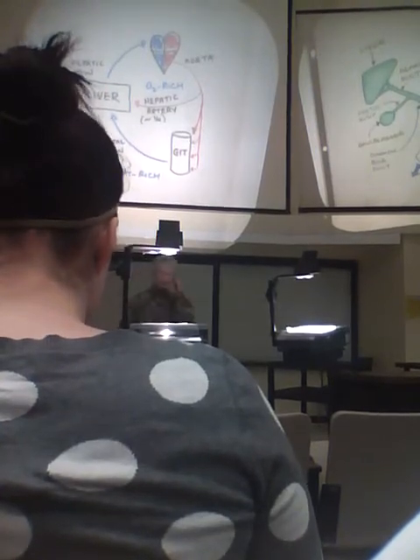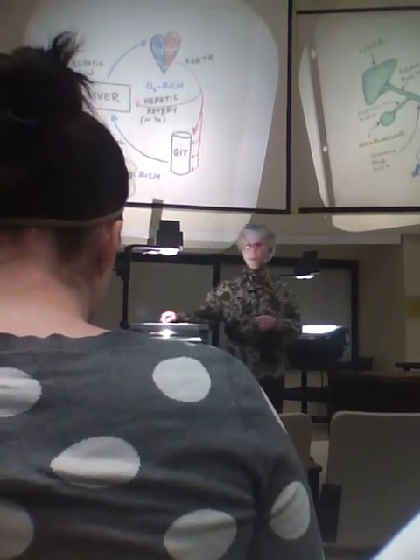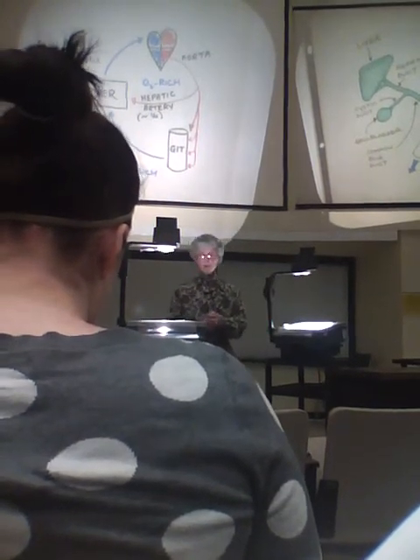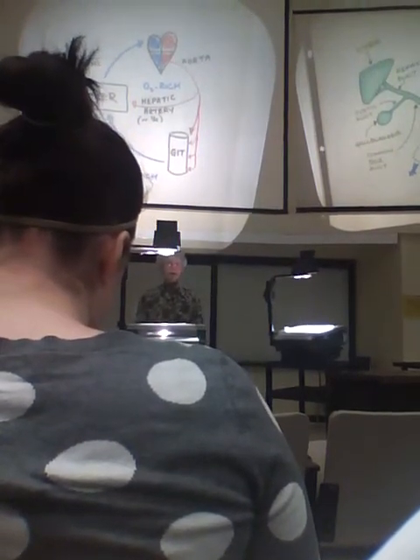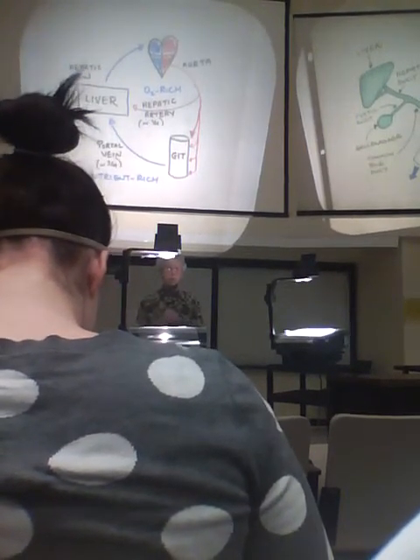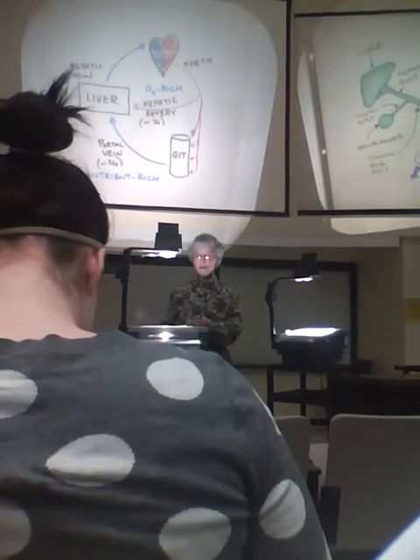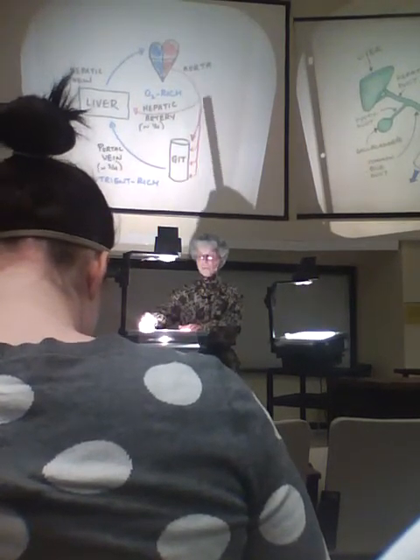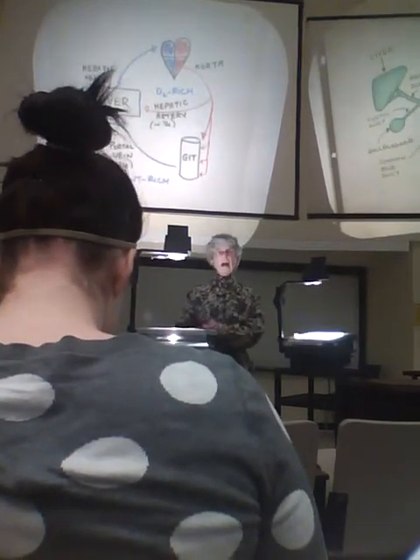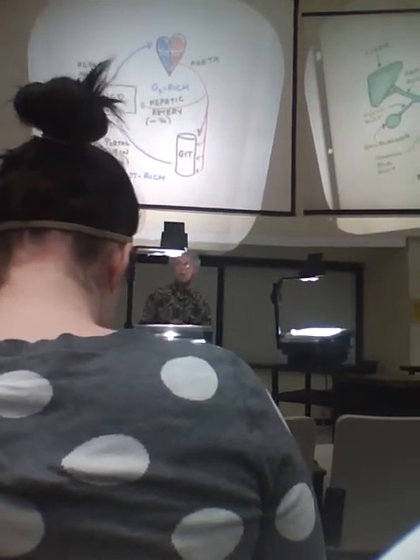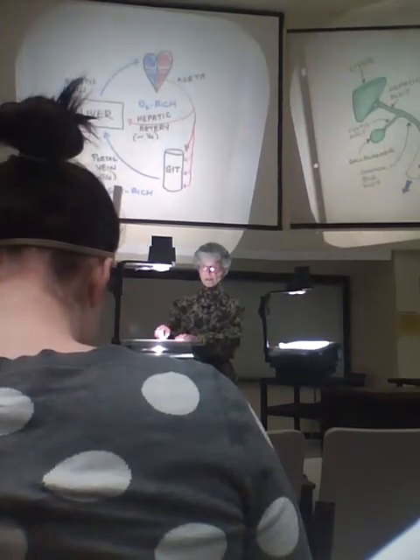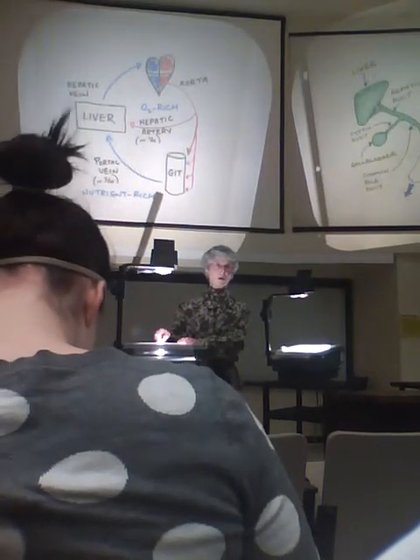Now I've put up here a summary of what I said in the first lecture, but I think it's important to emphasize it again here, and that's the blood supply of the liver. It's an unusual, double blood supply. Remember that the liver receives oxygen-rich blood from the branch of the aorta called the hepatic artery, and it also receives most of its blood, roughly three-quarters of the total blood supply to the liver, from the portal vein.